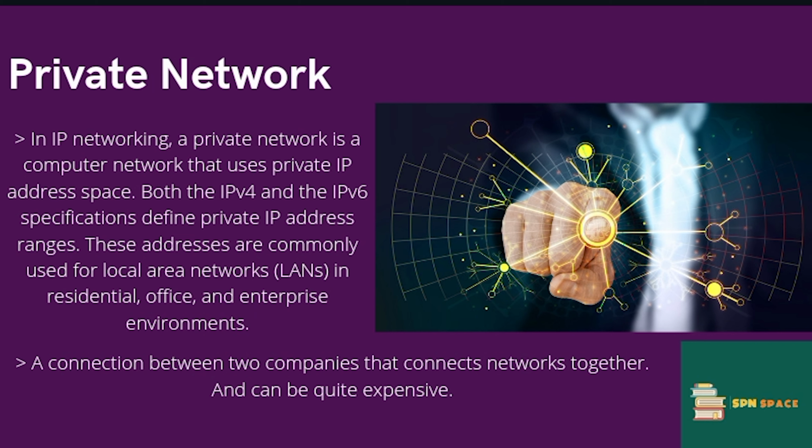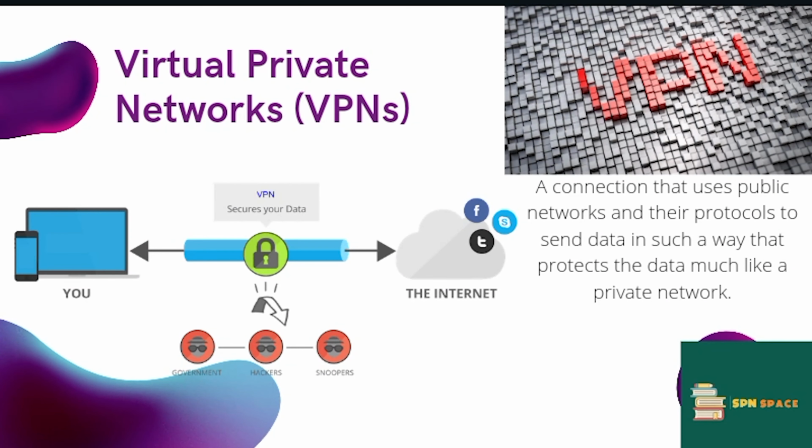IPv4 uses ARP, Address Resolution Protocol, to map MAC addresses, whereas IPv6 uses NDP, Neighbor Discovery Protocol, to map MAC addresses.